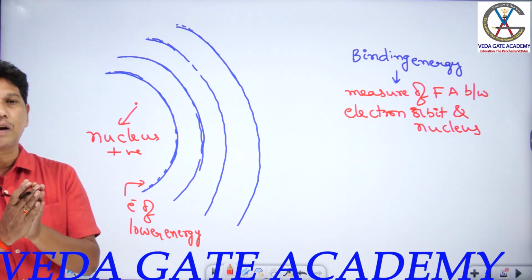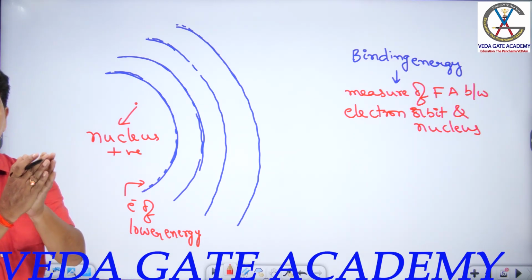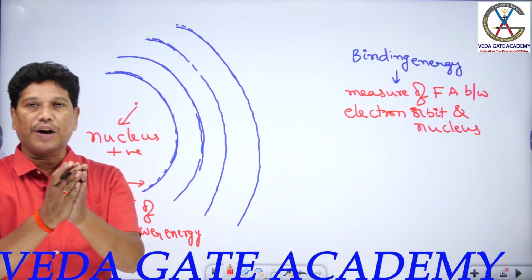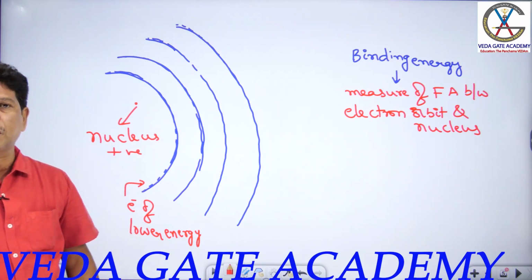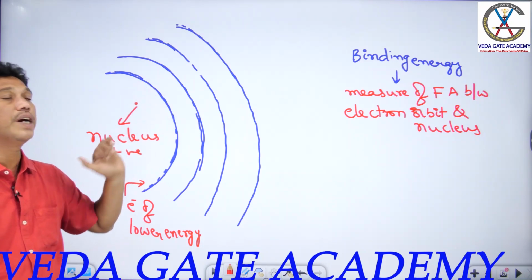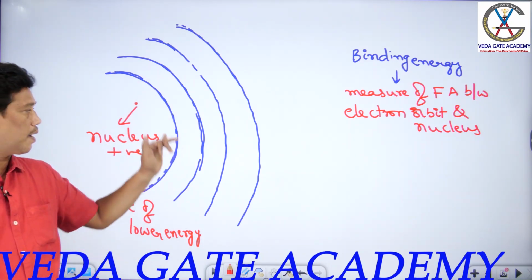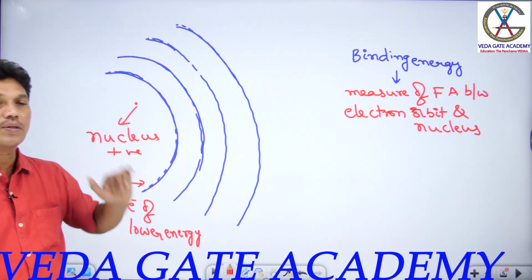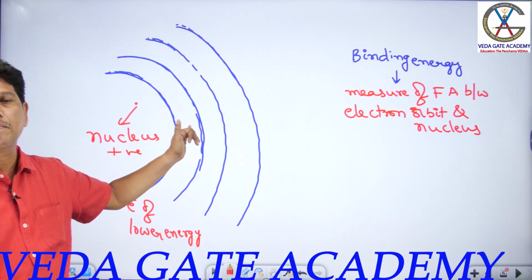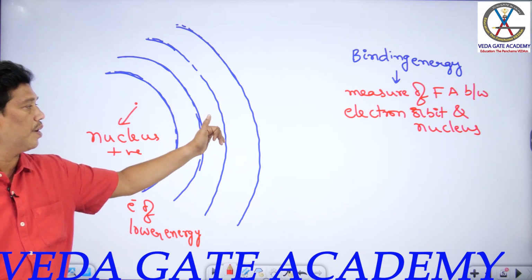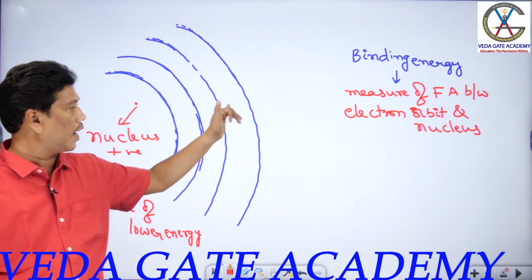Such an electron is very tightly bound, meaning more force of attraction. To make such an electron free from the nucleus, I need to apply more energy. As compared to the first one, the attraction is somewhat less, so the required energy to free the electron becomes less. Again, compared to this one, the required energy is again less.